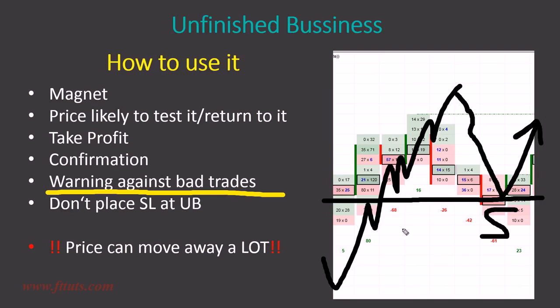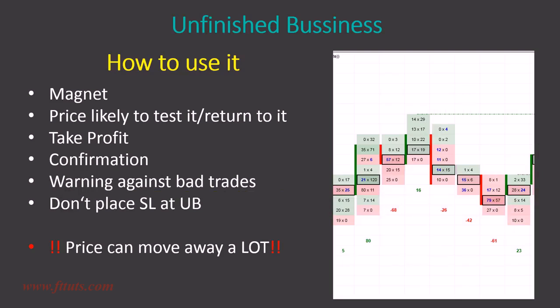But if you saw that in here there was unfinished business below the support, then it is a warning that going long from the support would be risky, because the unfinished business or the failed auction would work as a magnet, which could result in the price shooting past the support towards the magnet, creating a successful auction. All right, so you can also use it like that.